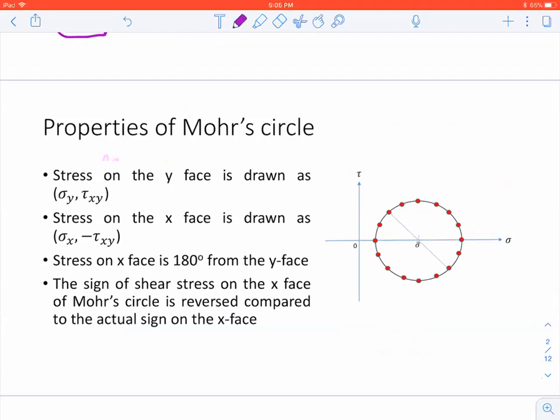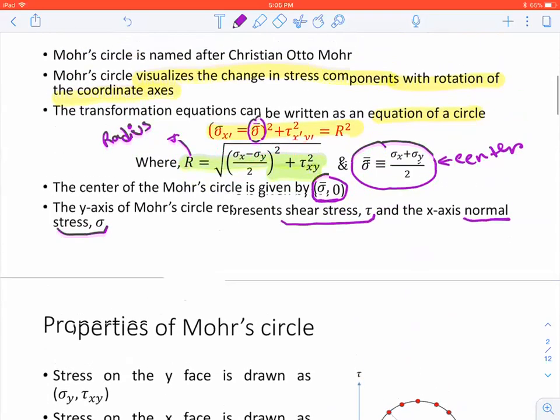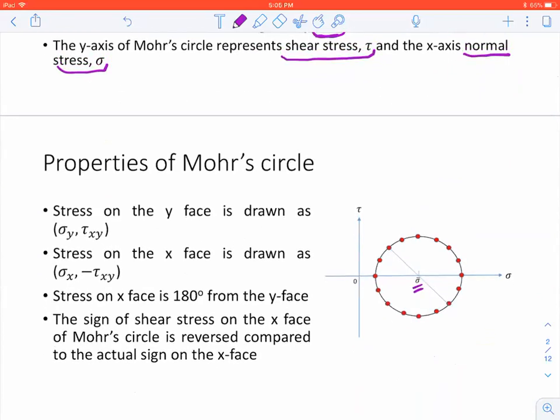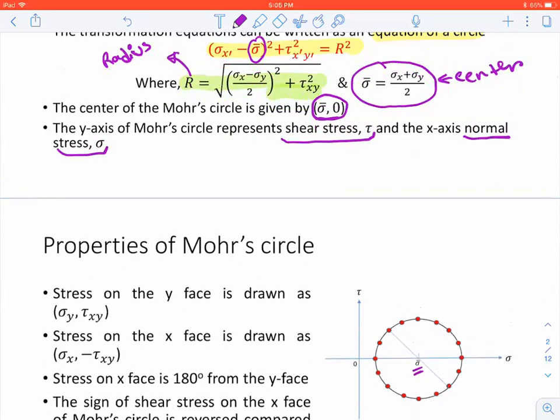But this is how a generalized Mohr circle will look like. You can see sigma bar is the x coordinate of the center of your Mohr circle, and the y coordinate is always 0 for plane stress condition. Remember, for plane stress condition, that means sigma z is 0.